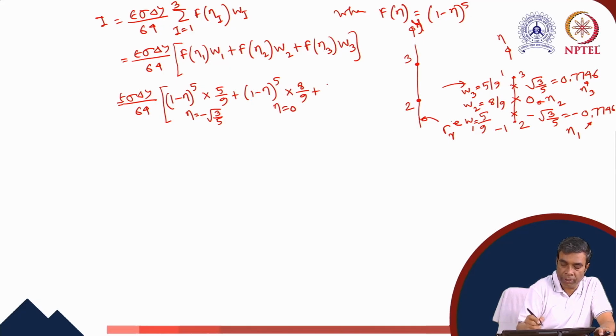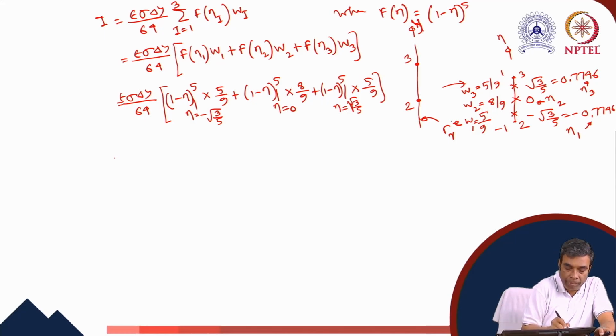The last contribution is (1 minus eta) to the power 5 at eta equals square root of 3 by 5, into 5 by 9.